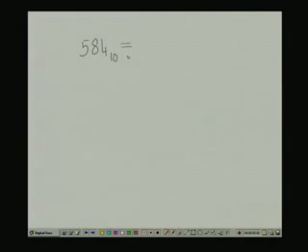Here the radix is 2, so we have to divide by 2. My number 584 is simply 512 plus 64 plus 8. So how can we represent it?